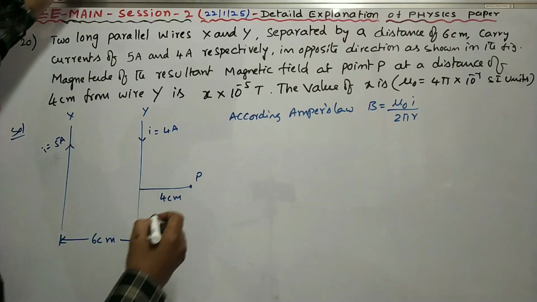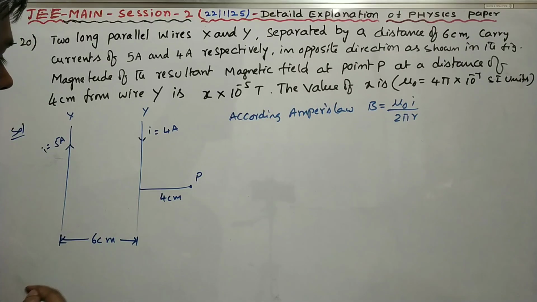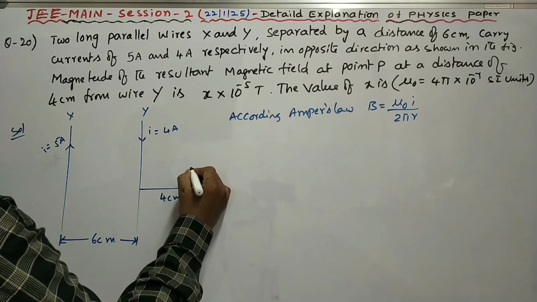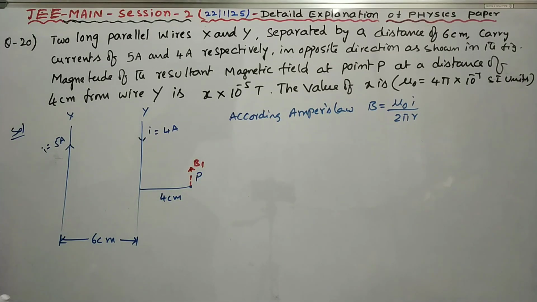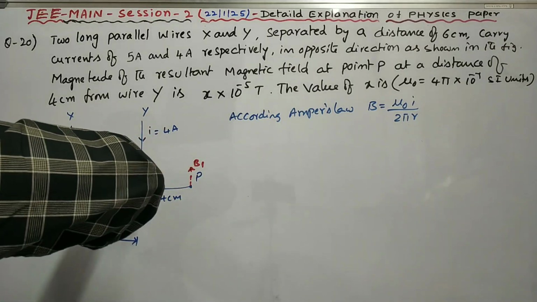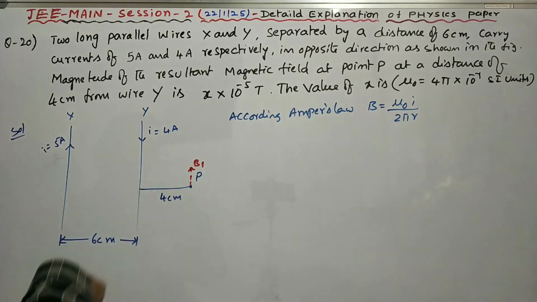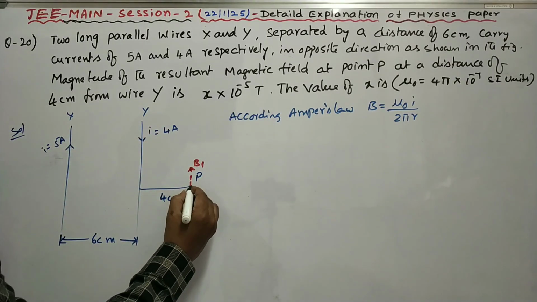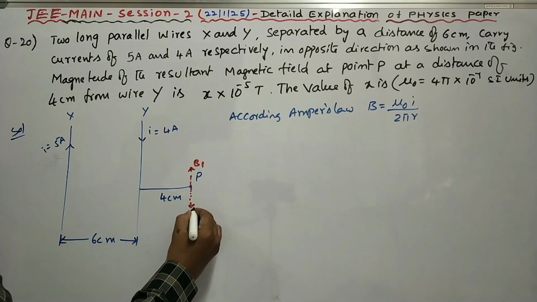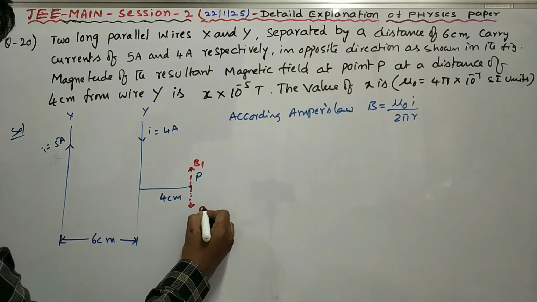So the magnetic field is into the plane, called B1. Due to Y, the magnetic field at point P is coming out of the board. It is called B2.